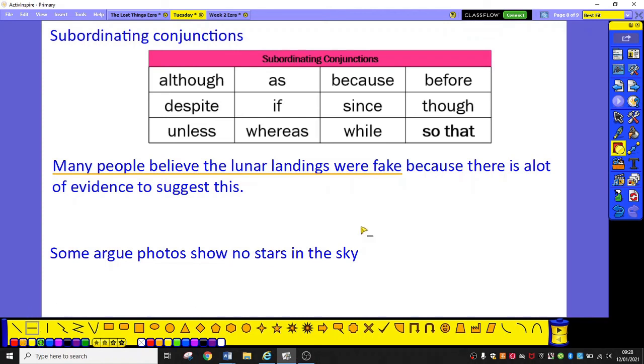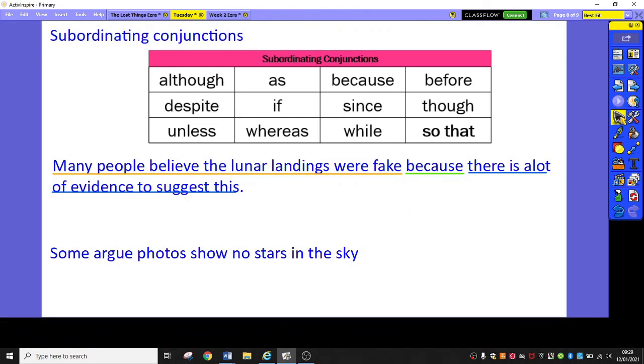I've got my conjunction, because, and I have got my subordinate clause, there is a lot of evidence to suggest this. So three sections, main clause, conjunction, subordinate clause, but look at how it takes your writing from sentence, sentence, sentence, sentence, sentence to sentence with detail, sentence with detail.